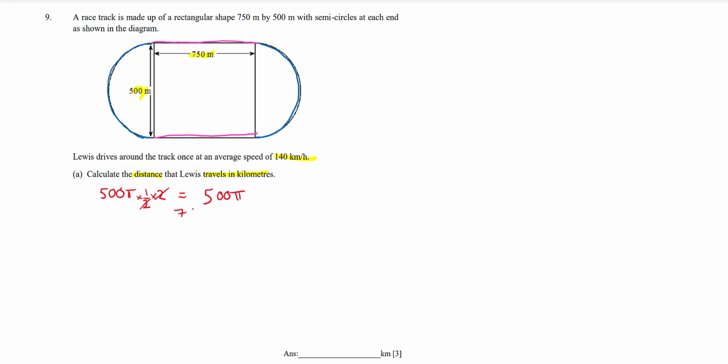So then we get 750 times 2, which is equal to 1500. So therefore the distance is equal to 500 pi plus 1500 meters.